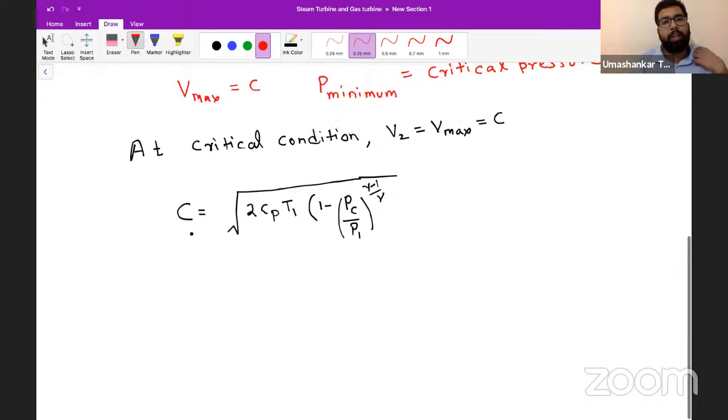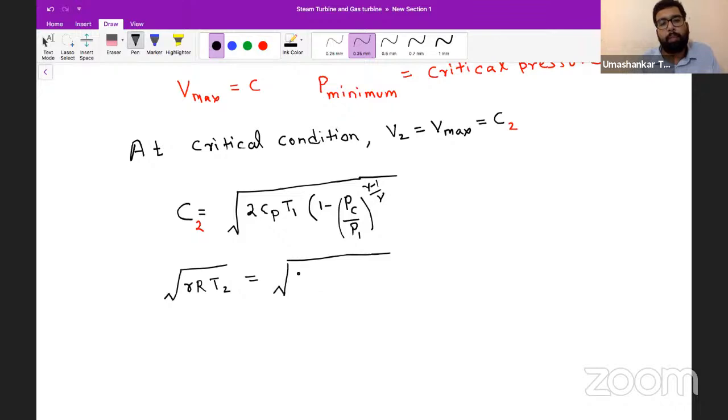So here we go. I have put the value of C2 here. Why C2? Because we are talking about the exit. It is V2 now, so we have to talk about the velocity of sound at the exit. I can write C2 is equal to the square root of gamma R T2, and then it is just simple mathematics I am going to follow.